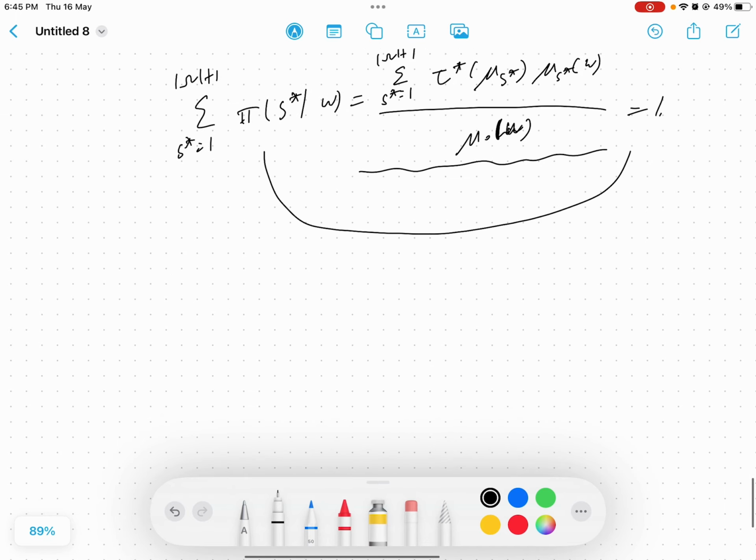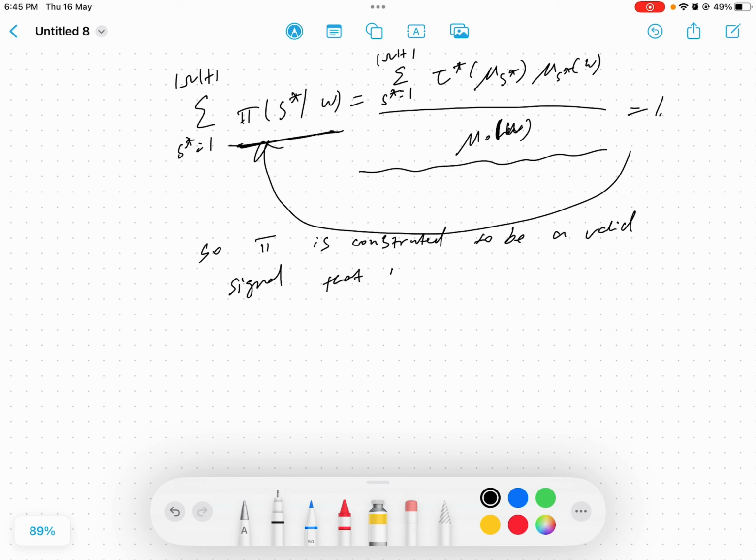So this means that this is a valid signal structure. So pi is successfully constructed to be a valid signal that induces tau star, and it has a value of v star.